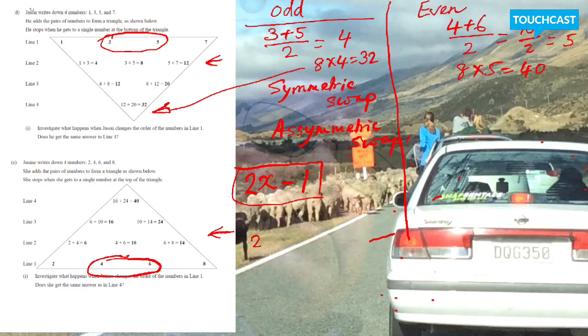And the subsequent odd numbers are 2x minus 1, the next one will be 2x minus 1 plus 3, which is 2x plus 2.